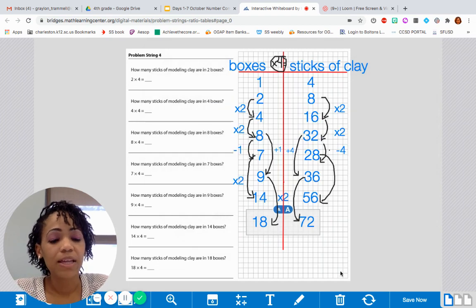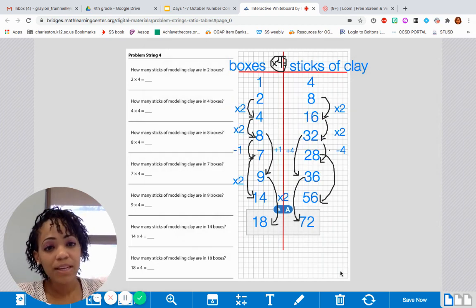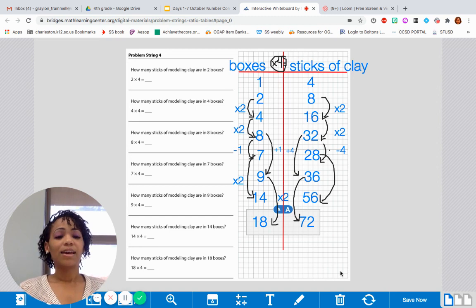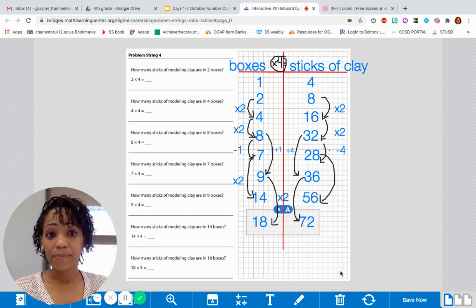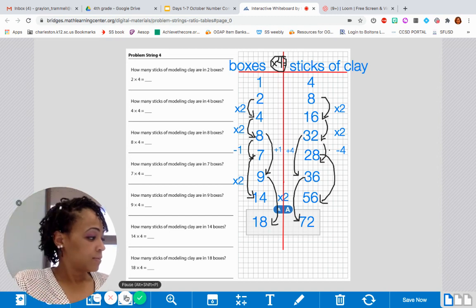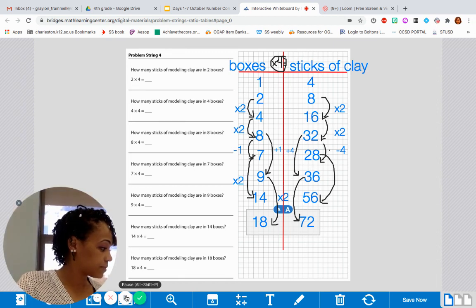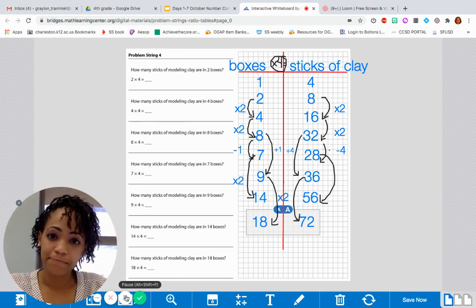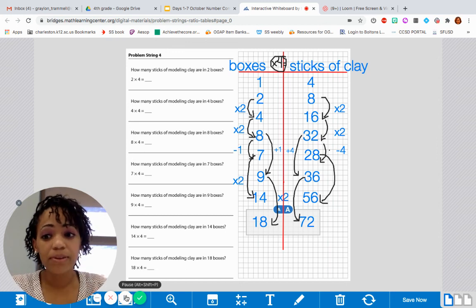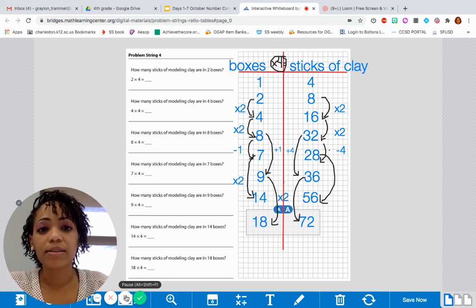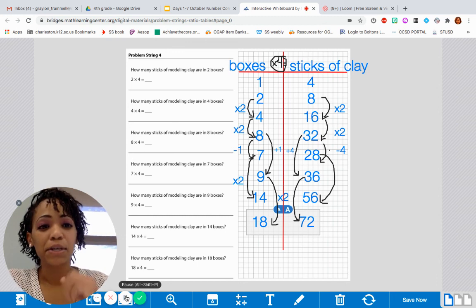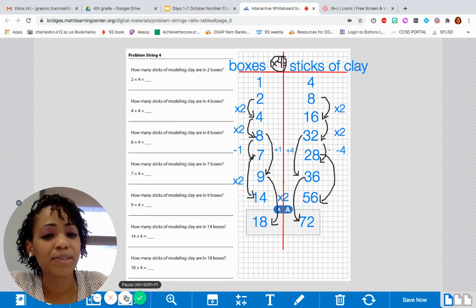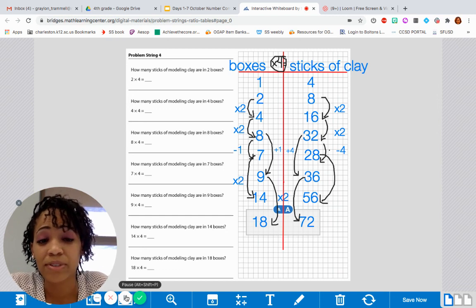So now look at the problem string. Look at the ratio table and just see if you can make some observations. Yeah, you double a factor, you double the product. You double the amount of boxes, you double the amount of pieces of clay you have. But what else do you see here? We didn't just double today.